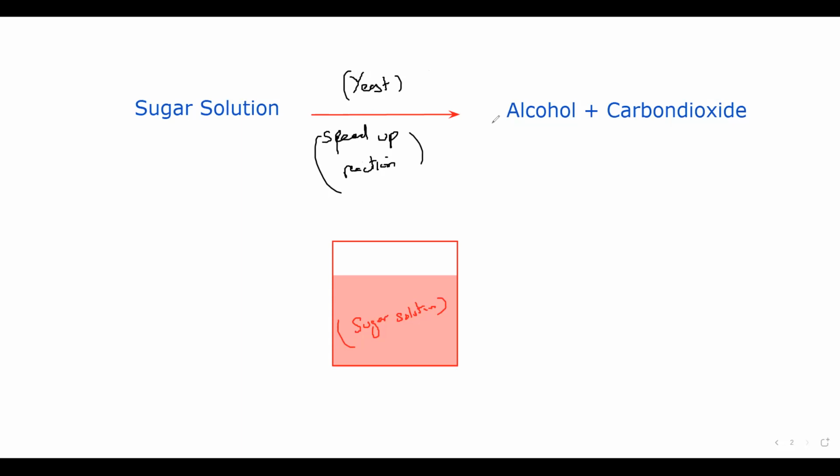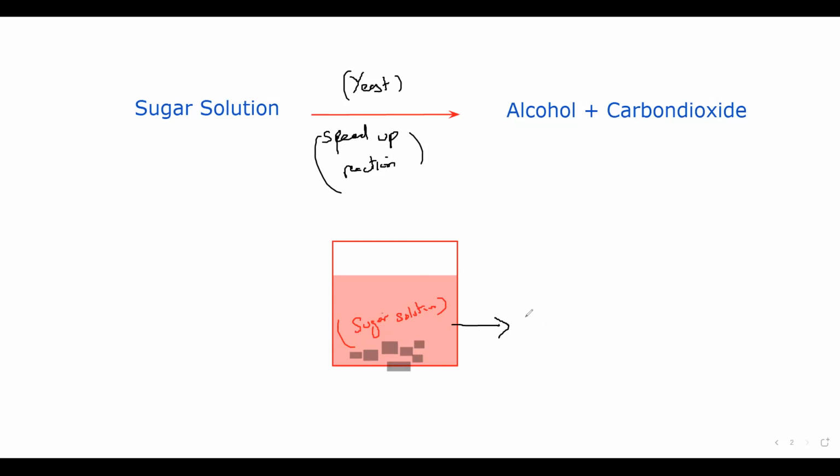In the presence of the yeast, the reaction speeds up, so it can occur at a relatively faster rate. But what happens? For example, we have a sugar solution and we add yeast, and the reaction speeds up.